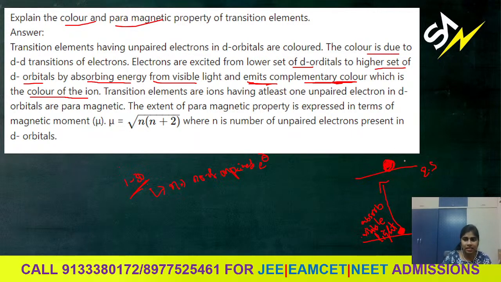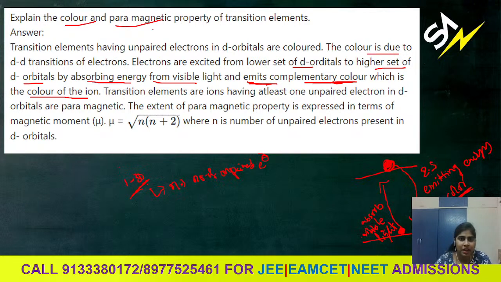In this excited state it is highly unstable, so it readily returns back to the ground state by emitting the energy absorbed in this excitation, that is it gives the respective color. This type of d-d transition is responsible for the color of the ion.